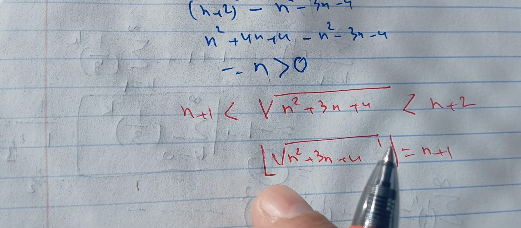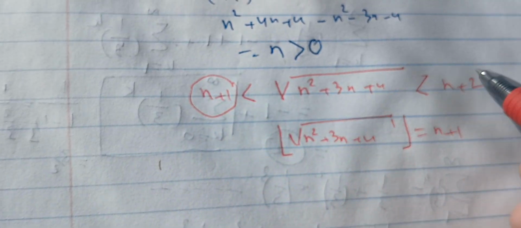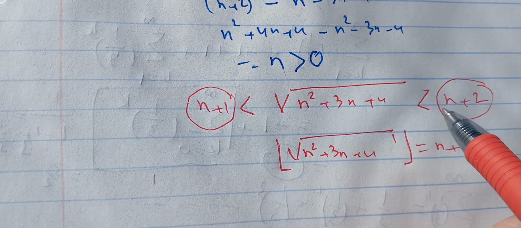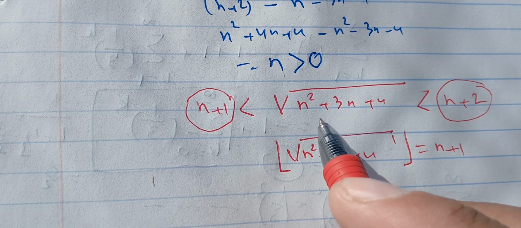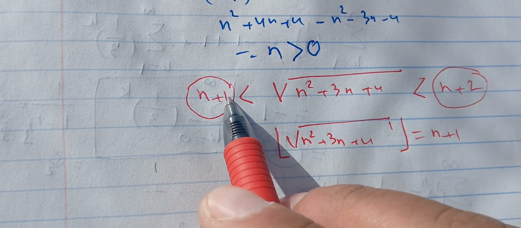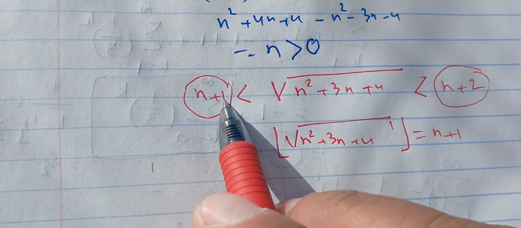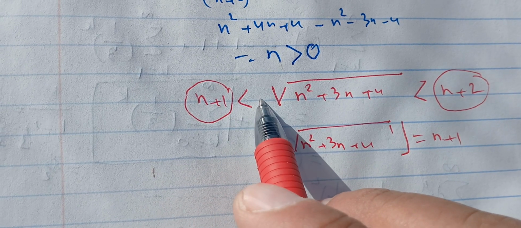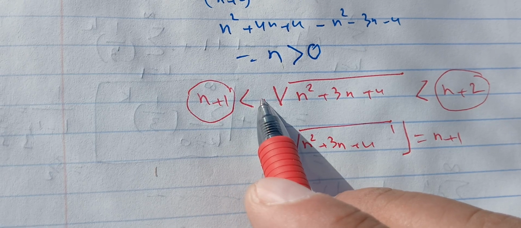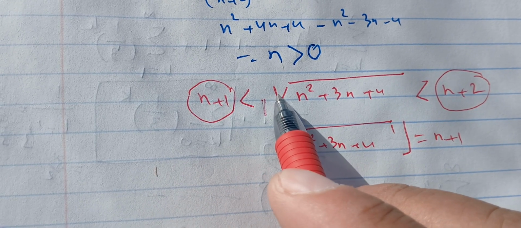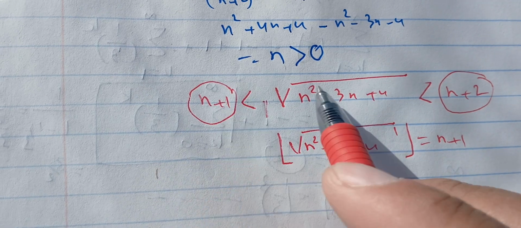We don't need to prove anything more, because here we have two consecutive integers, and we are looking for the greatest integer that's less than or equal to our value, which is n plus 1. We can't find another integer that's bigger than n plus 1 and less than the square root, because this number is trapped between two consecutive integers.